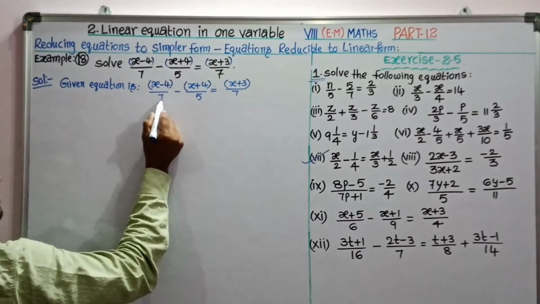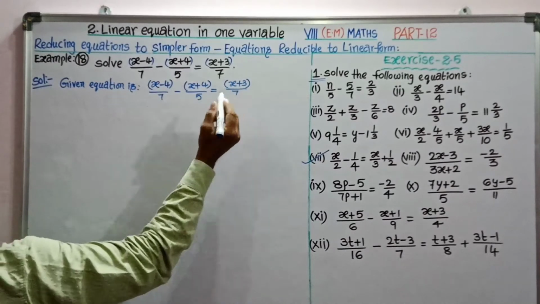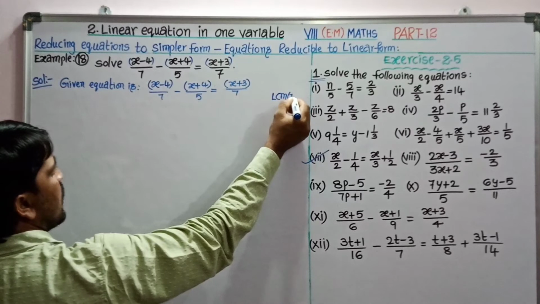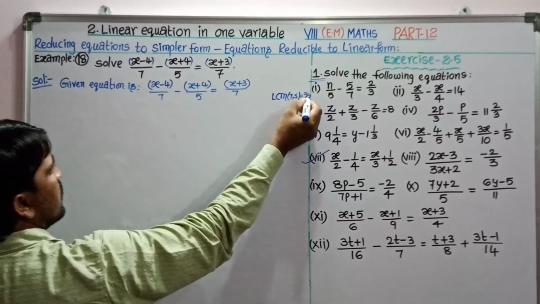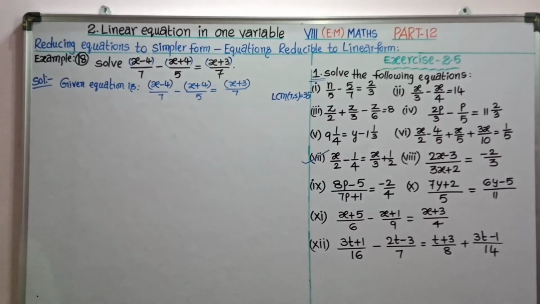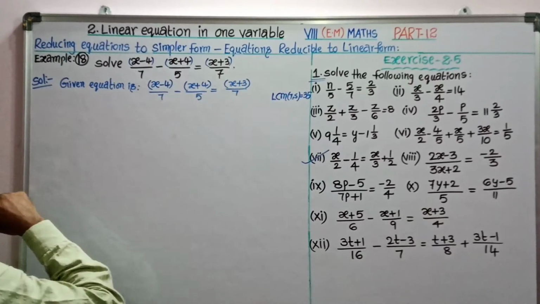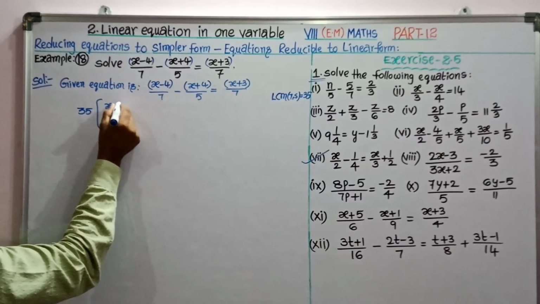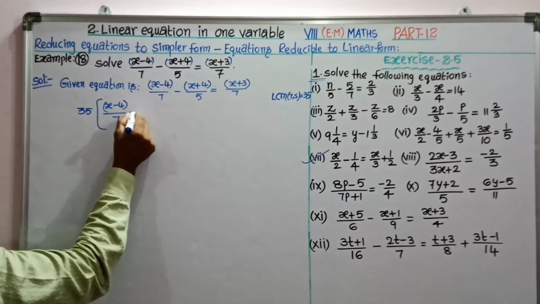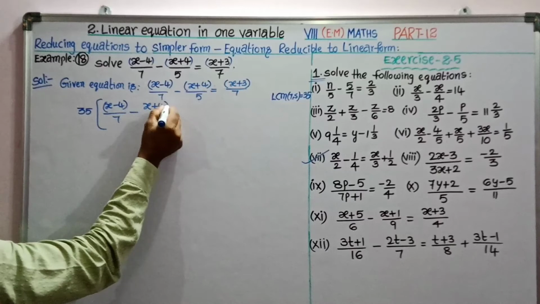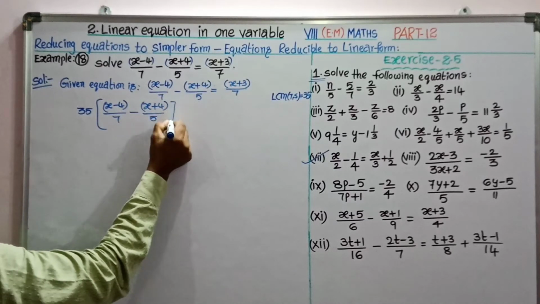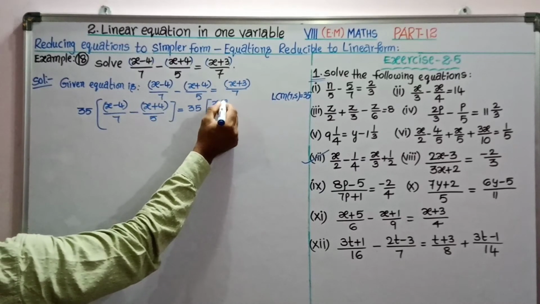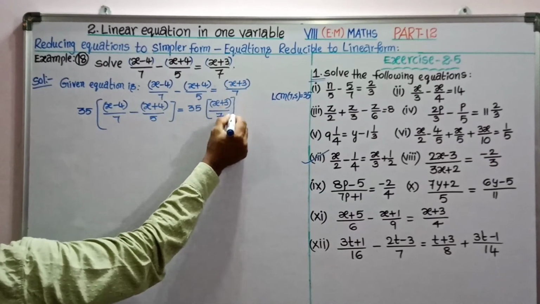Now the denominators in LHS and RHS are 7, 5, 7, that is 7 comma 5, and the LCM of 7 comma 5 is 35. So multiply 35 on both sides of the given equation. We get 35 times of x minus 4 by 7 minus x plus 4 by 5, which is equal to 35 times of x plus 3 by 7.